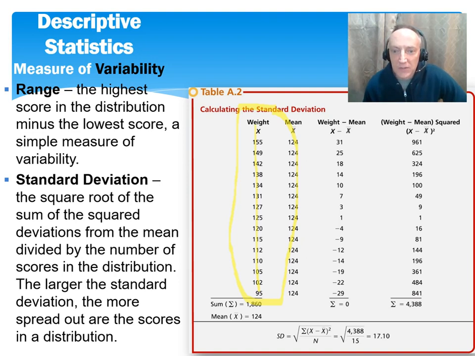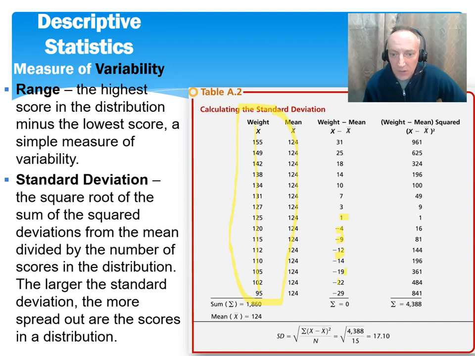So to get rid of all of our negative numbers, we square each one of those values. So we end up with now all positive numbers. So we multiply each one of these numbers by itself to get a positive value.